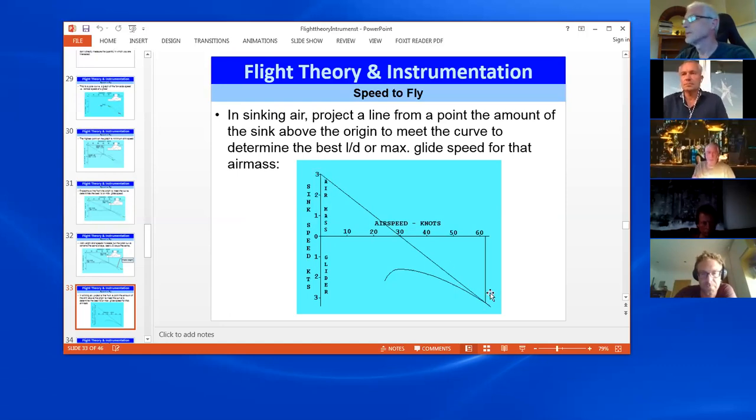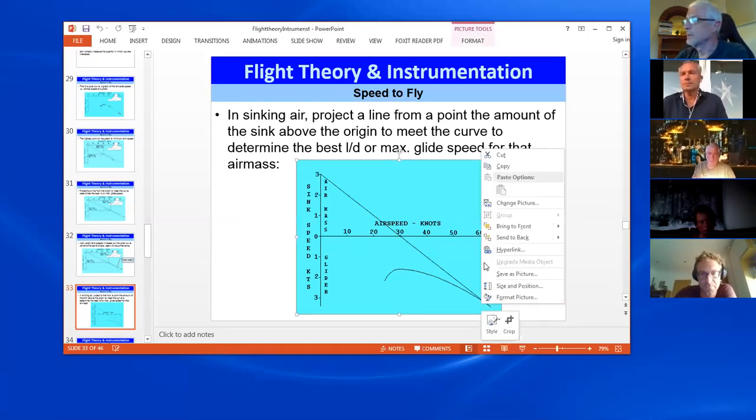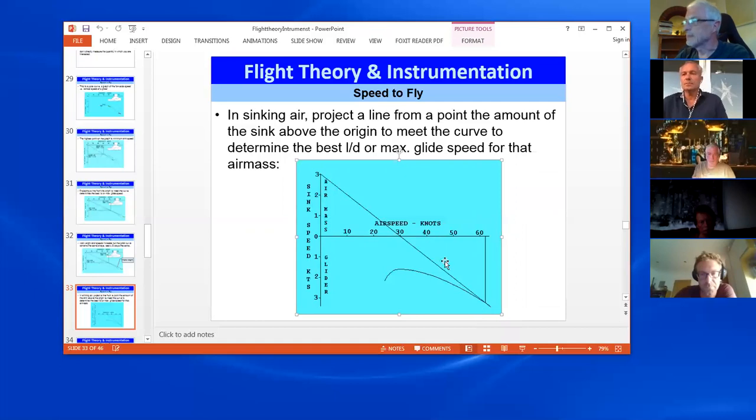Draw your line so it touches the curve, and because it's further up, when you draw the line down, instead of meeting here at 40 for this diagram, it's now here at 60. So in sinking air, you need to go much faster to be on the best glide.